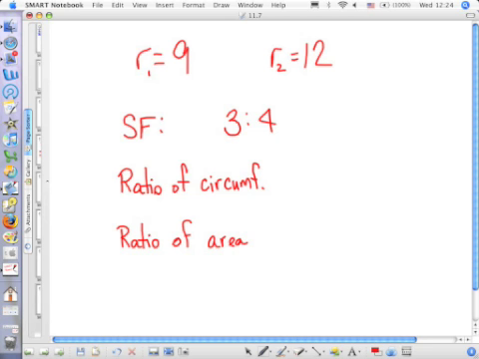Anytime you're just going straight, you're not covering area. Area, think of wrapping a box. You've got to get paper to wrap the whole box. If it's not covering the whole area, then it's just the same as the scale factor. But the ratio of the areas would be 9 to 16.